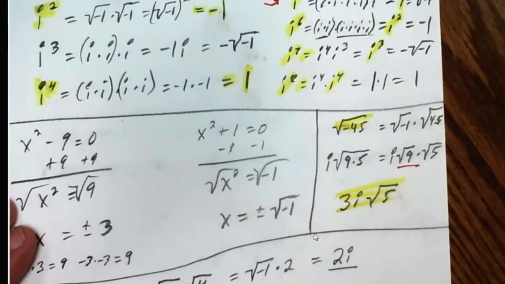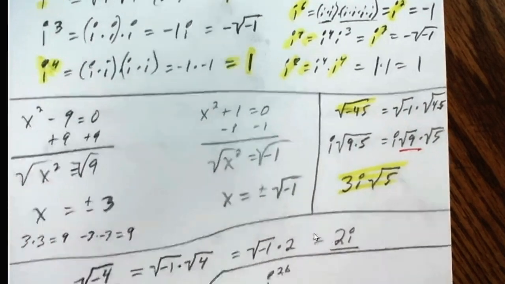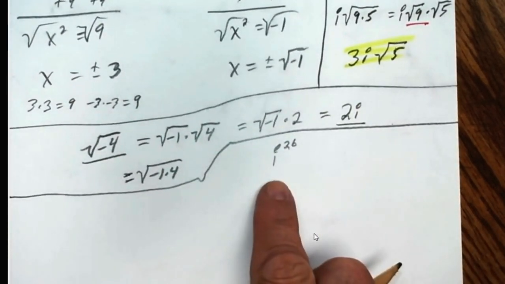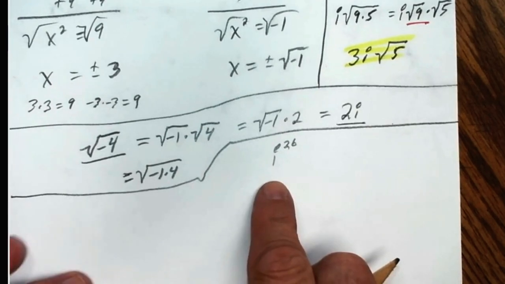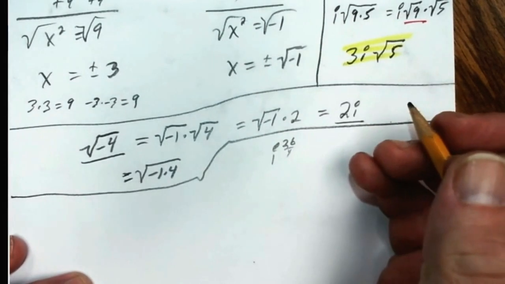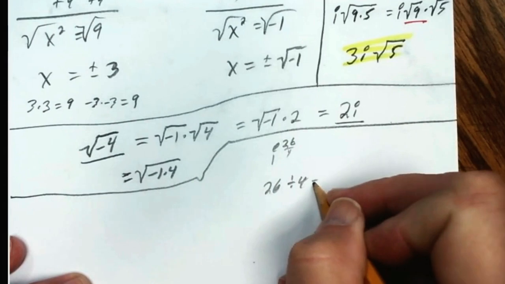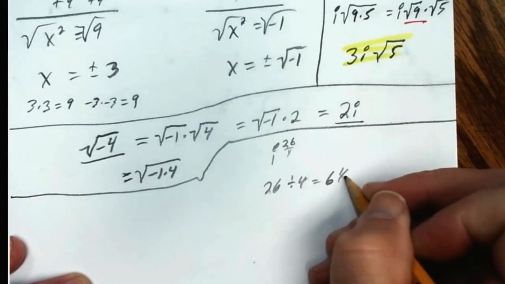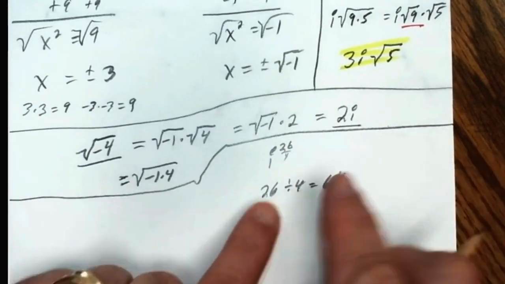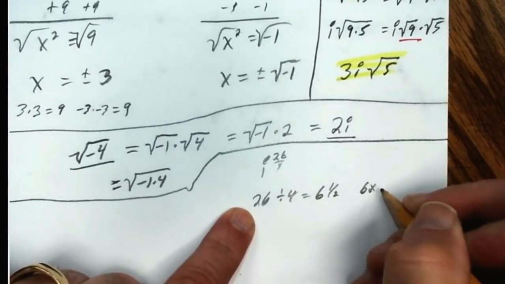So thinking about that, if we have i to the 26th power, how many 4s are there? If we divide it by 4, 26 divided by 4 is 6.5, which means we can take 6 4s out of that. 6 times 4 is 24.